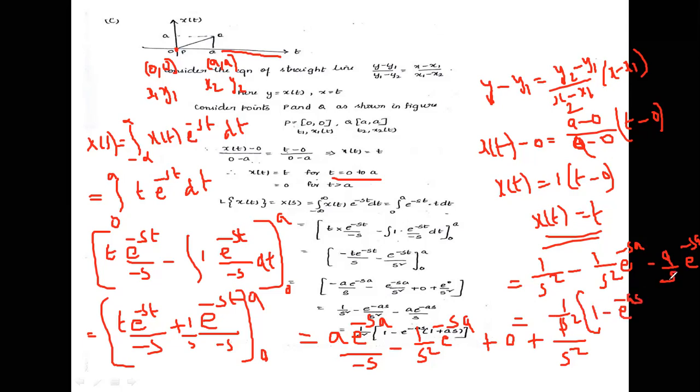Here only one s is there, so multiply s in the numerator: sa into e power minus sa. The final answer is 1 by s square into 1 minus e power minus as, where the common term is e power minus a s; take the minus 1 plus s into a.